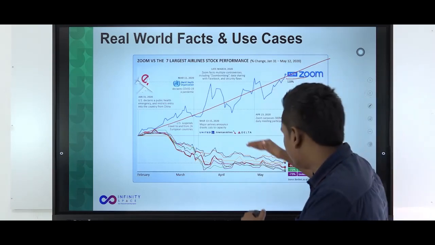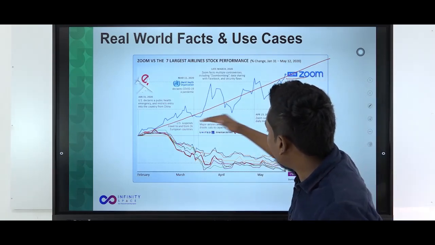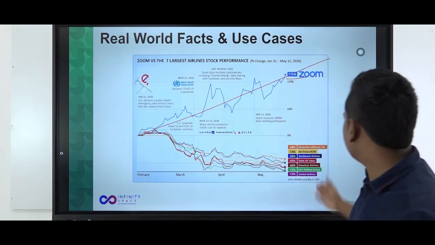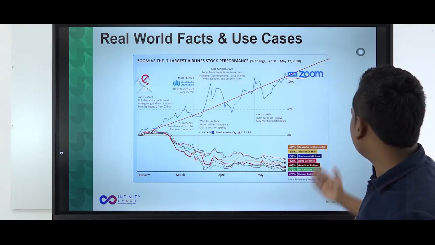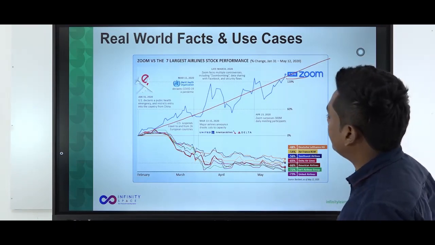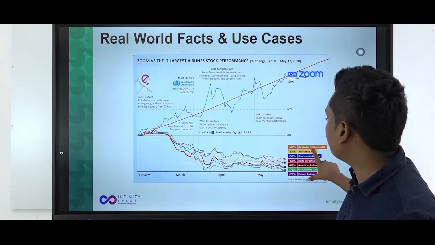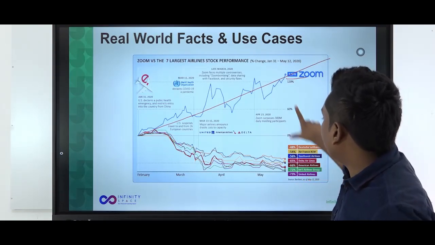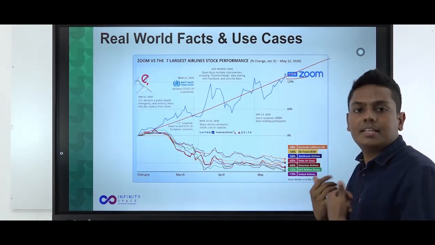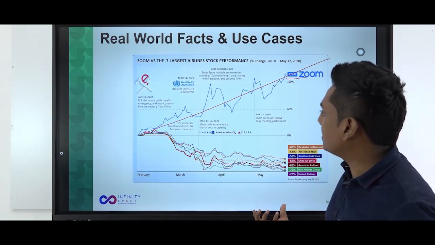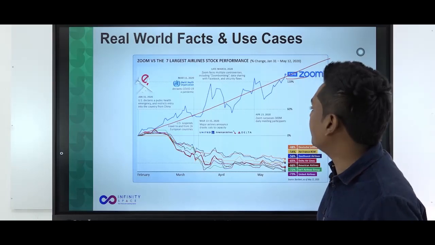But what happened at the same time to the 7 largest airlines? You all can see Air France, Delta Airlines, United Airlines declined in a massive way, right? So this is an opportunity which was given to digital businesses, online businesses, through COVID-19.